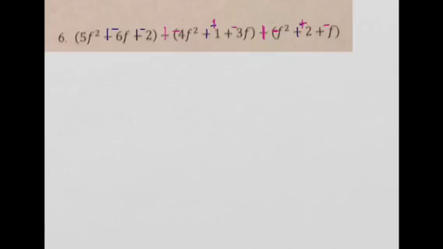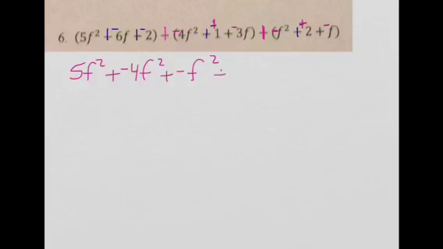Now what we're going to do is start collecting like terms. Again, we want our answer in descending order. So we're going to look for the f squared terms. So we have 5f squared plus negative 4f squared plus negative f squared. Then we're going to take a look at our f's.